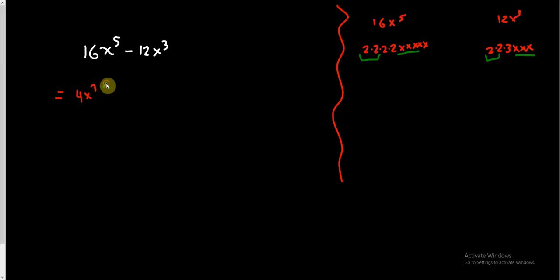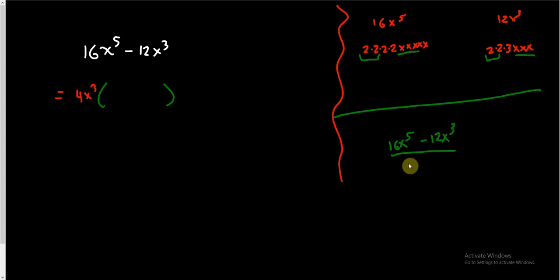And so then I need to do maybe some scratch work long division if I didn't do it this way to see what's left behind. So if I'm factoring out this 4x to the 3rd, 16x to the 5th divided by 4x to the 3rd would be 4x squared. 12x to the 3rd divided by 4x to the 3rd would be a 3.